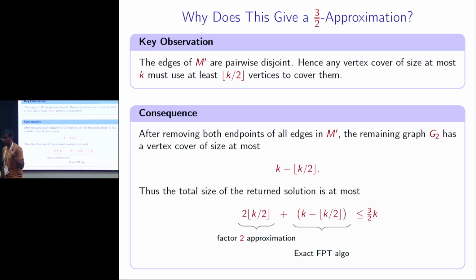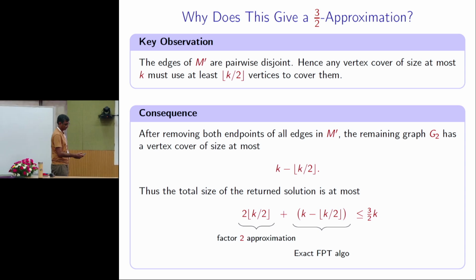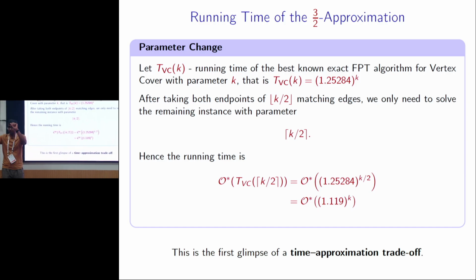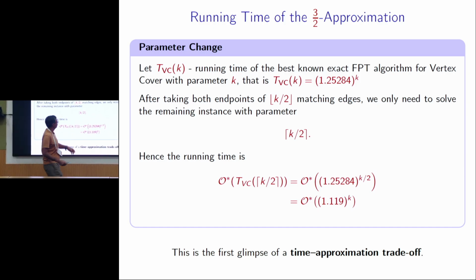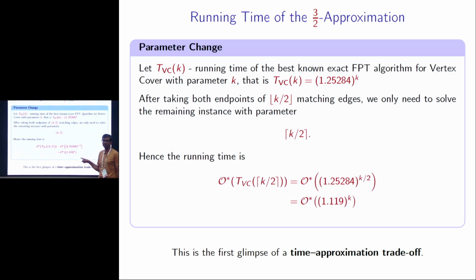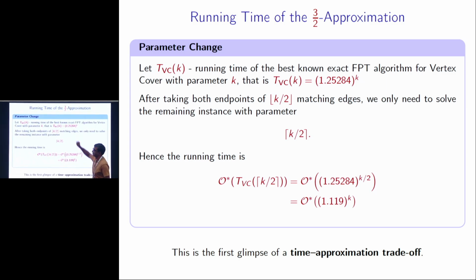So the approximation factor is guaranteed to be 3/2 times k. But what is the running time of this algorithm? Well, you are running your expensive part, but on the budget k/2. So if the best known algorithm is this, now it is with k/2, so this is the running time. So I'm getting a 1.5 approximation, but my running time is much, much faster than this.